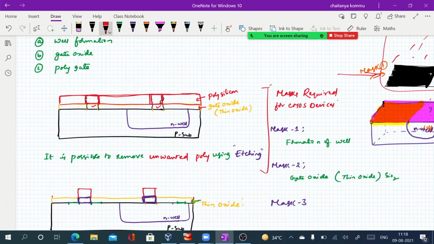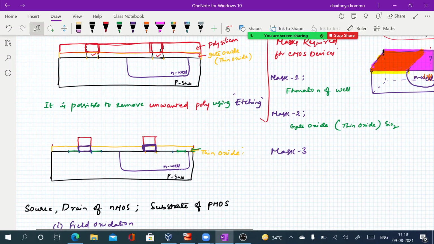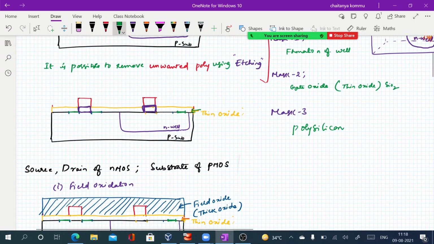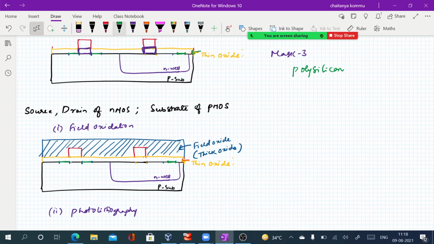So that mask we can call mask 3. Mask 3 is meant for polysilicon formation. Clear? Okay.